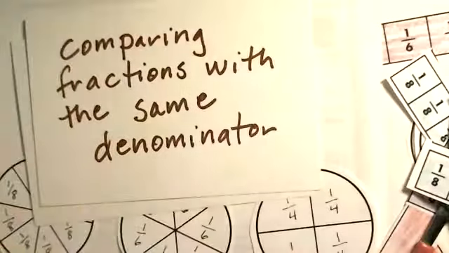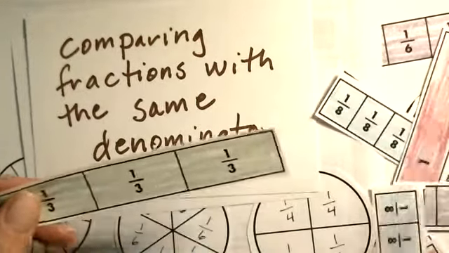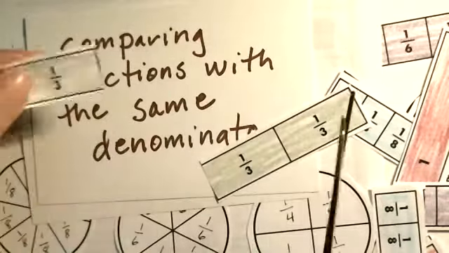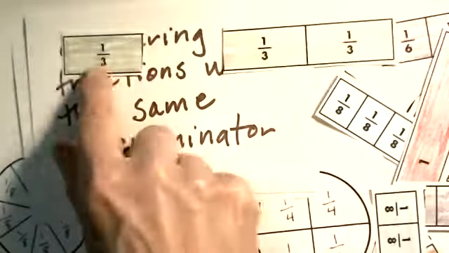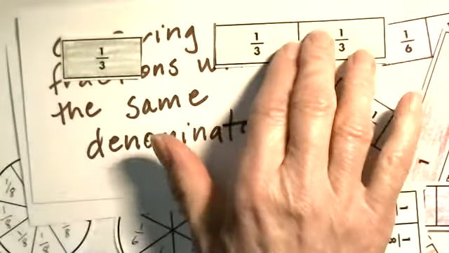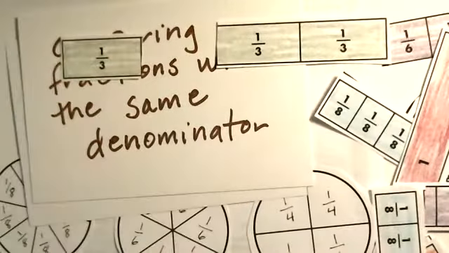Okay, same denominator, so let me have this out here. I have 1/3, and I'm comparing it with 2/3. They have the same denominator. This one is bigger. 2/3 is 1/3 bigger than 1/3. Okay?